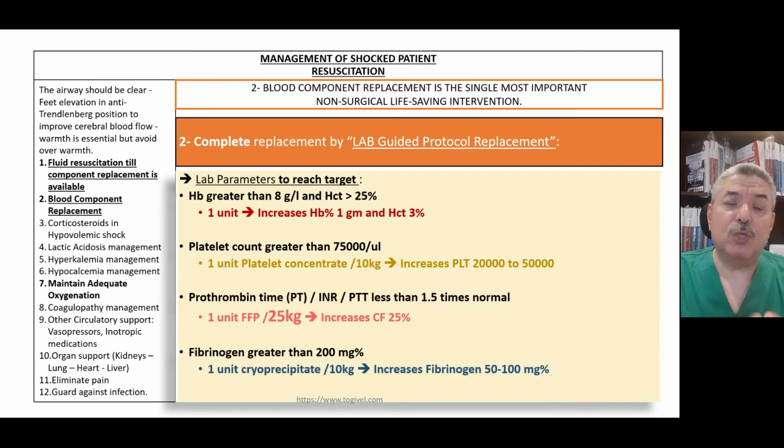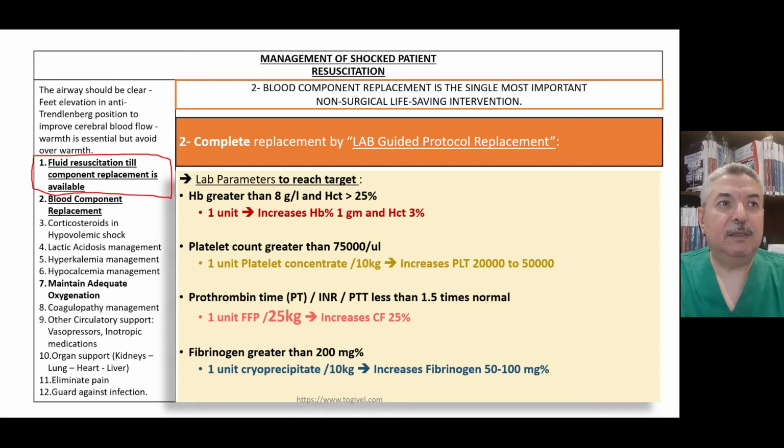I need fibrinogen more than 200 milligram percent. So if it's below 200 milligrams, I will give 1 unit cryoprecipitate per 10 kilograms of patient's weight in order to increase the fibrinogen by 50 to 100 milligram percent. So this is the fluid resuscitation and the blood component replacement.